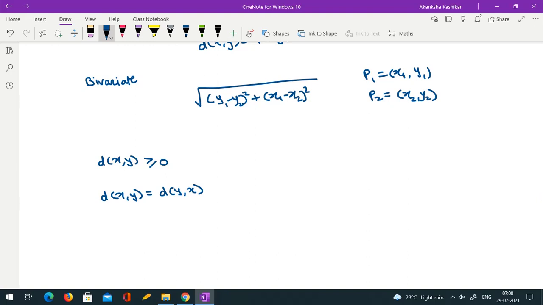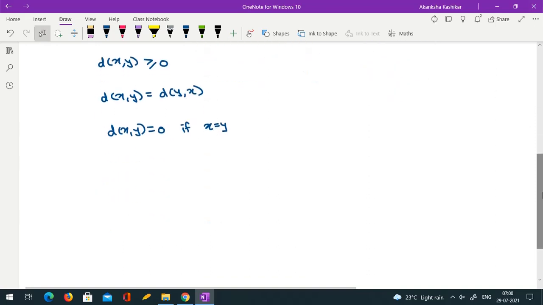Distance xy equals 0 if x equals y. Okay, then distance of xy is less than or equal to distance of x comma z plus distance of z comma y. Okay.